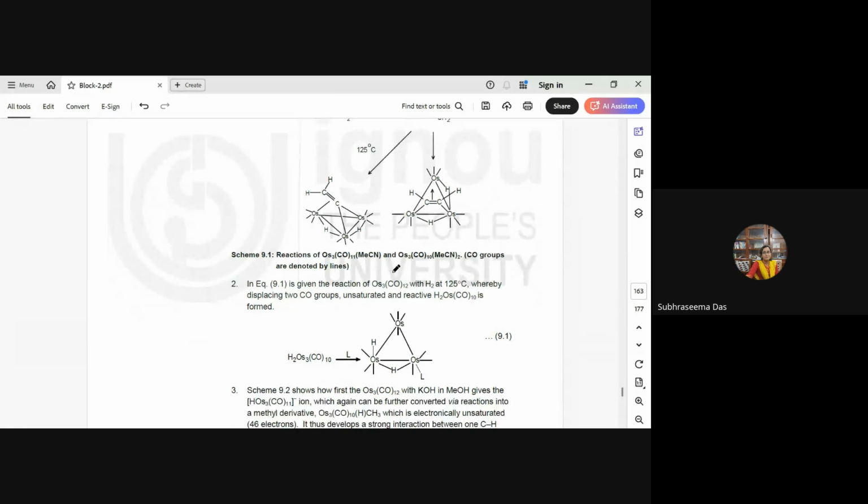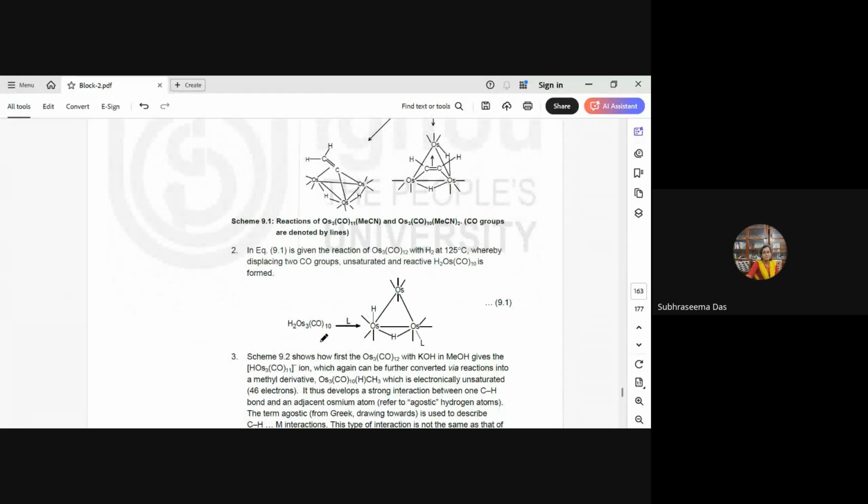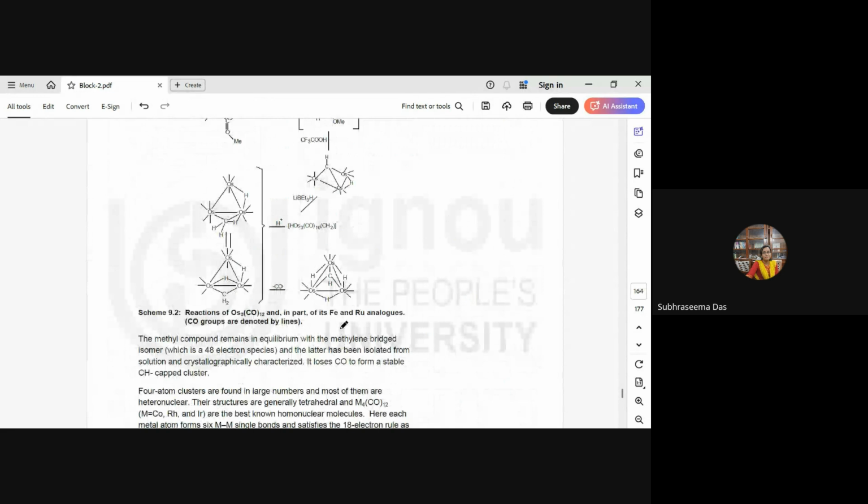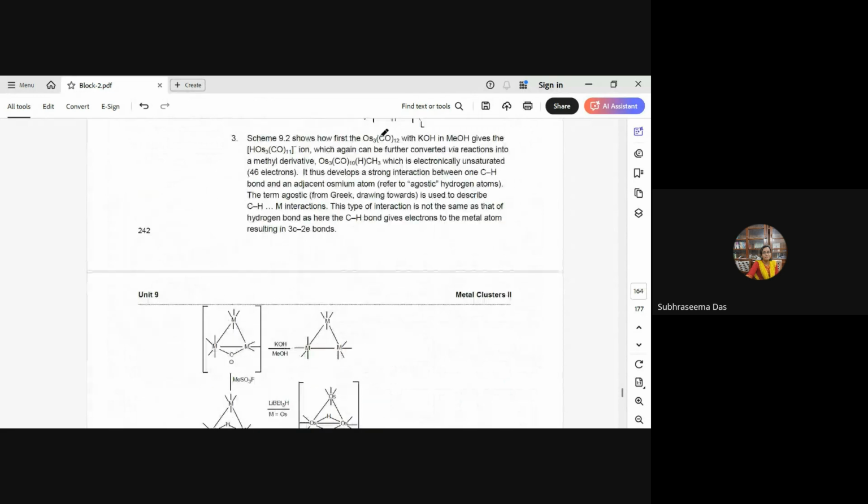In the second case, the equation shows the reaction of Os3(CO)12 with hydrogen at 125 degrees centigrade, forming the unsaturated and reactive H2Os3(CO)10. In scheme 9.2, the reactions show how Os3(CO)12 with KOH gives an ion which is further converted to other derivatives. This type of interaction is different, and it is called agostic reactions.